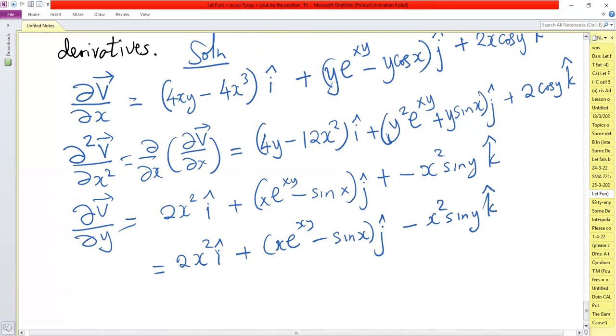So that is partial v partial y: 2x squared i plus (x e raised to power xy minus sin x) j minus x squared sine of y k.